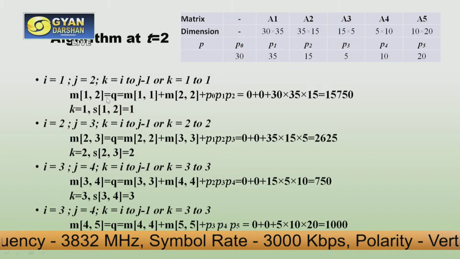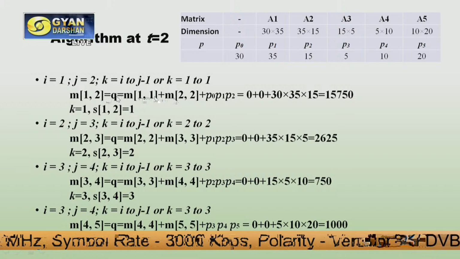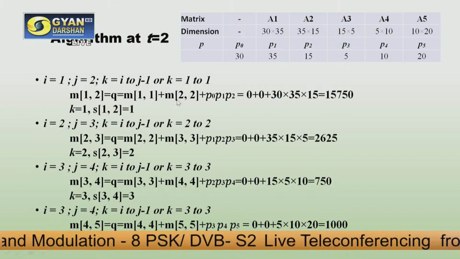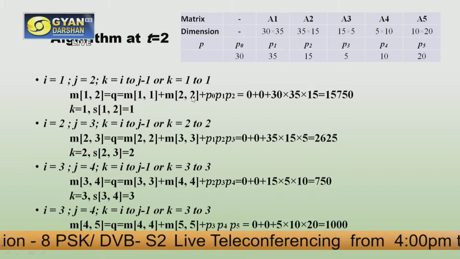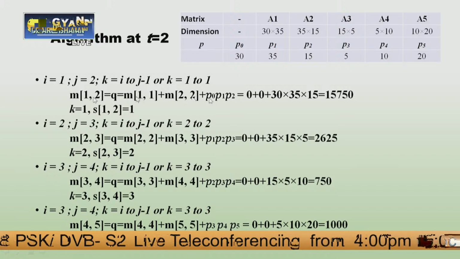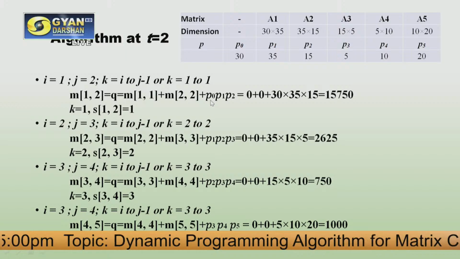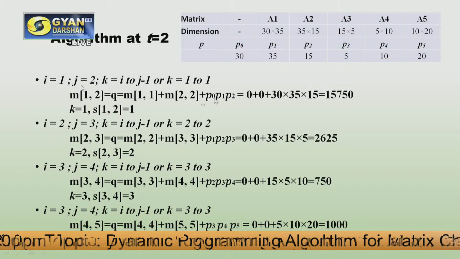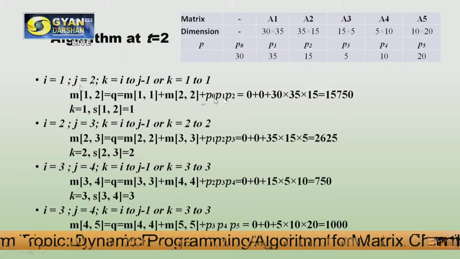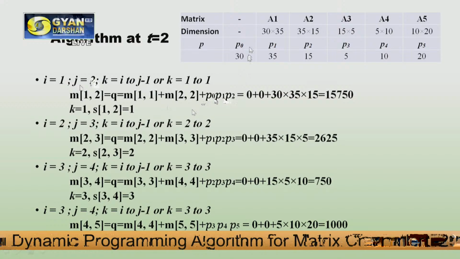Okay, so replacing it into our expression, m 1 1, then m k plus 1 to j, j was 2, so this is what you can see over here, m 2 2 plus P0, that is I minus 1, then P1, which is the value of k, and P2 happens to be the value of j. So you are multiplying that. Now what are P0, P1, P2? These are over here.